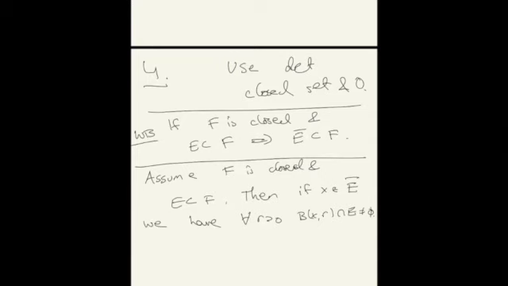Well, then for every r positive, the ball B(X, r) also intersects F in a non-empty way because we're making the set bigger.